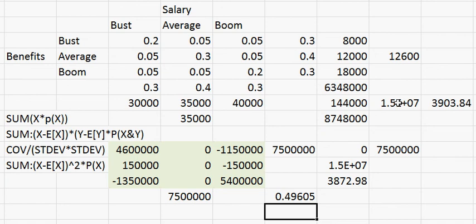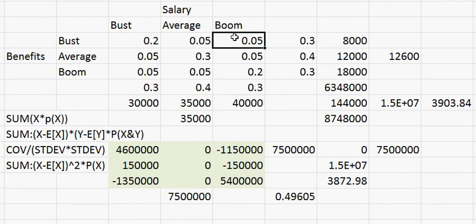Which means that these two quantities, this is positive and fairly large, so they move together. When salary is high, benefits tend to be high, and when salary is low, benefits tend to be low. And as you look, you can see this is true, right? We move from 30 to 40 as we move from 8 to 18, but not perfectly.